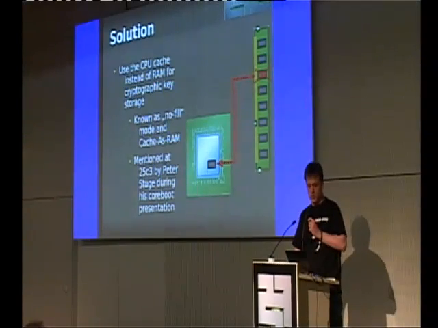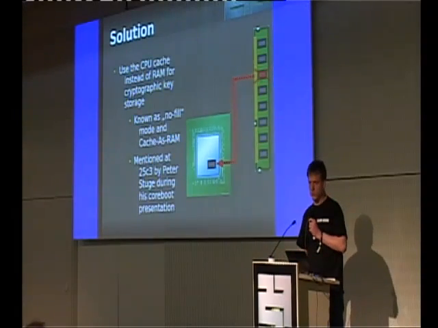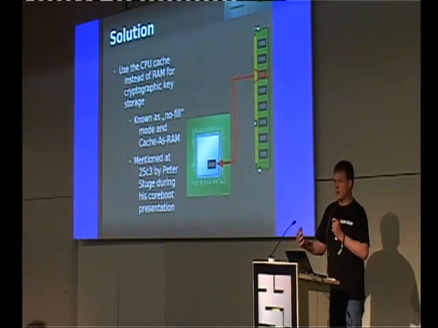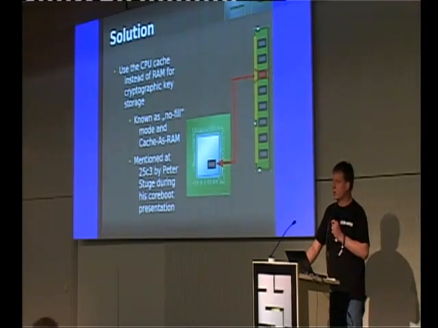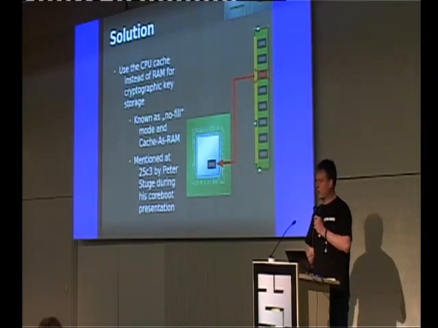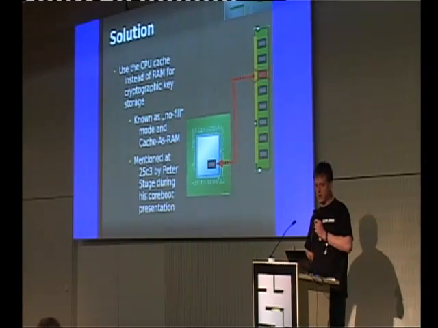And what they then found was this cache-as-RAM mode, as it's sort of known on AMD, and known as no-fill mode on Intel CPUs, which allows you to use the cache just as you would usually, but in this mode, the cache doesn't go back into memory. So what they were then able to do is implement their initialization routines using the cache, so they had a lot more room to implement their logic to initialize the memory controller, and a lot less worries.